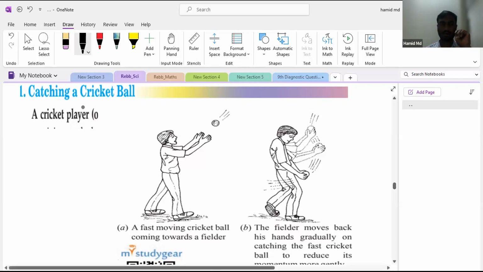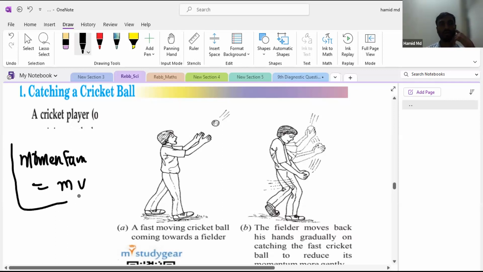Momentum is when the object is in motion. If any object of mass m is in motion with velocity v, the product of mass into velocity was momentum, right? Yes, sir. You remember? Yeah.